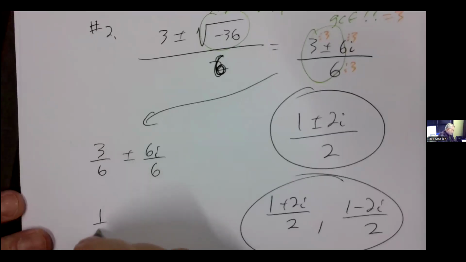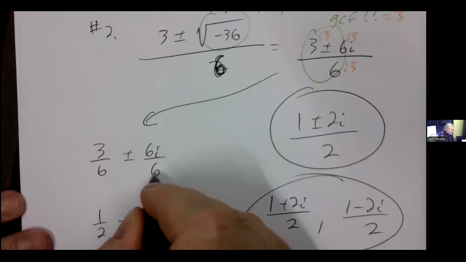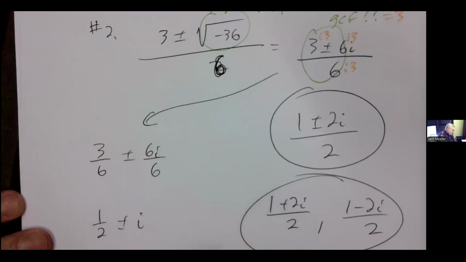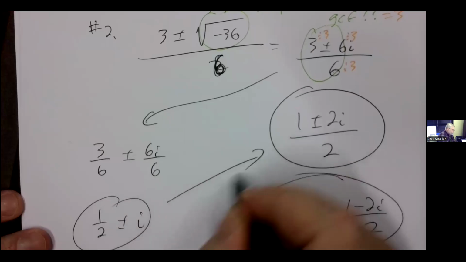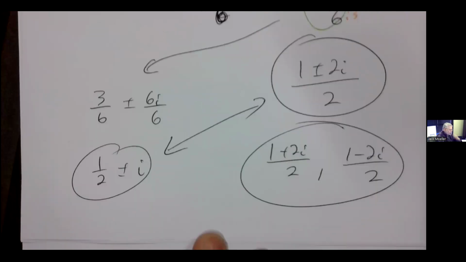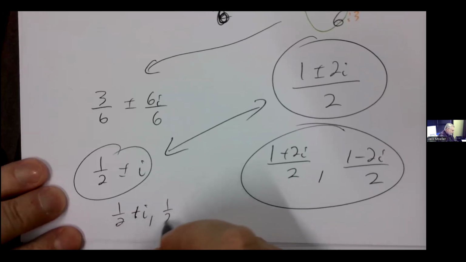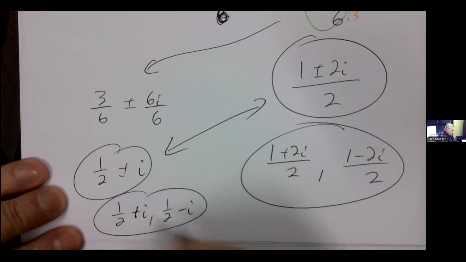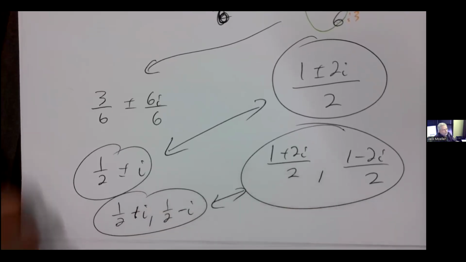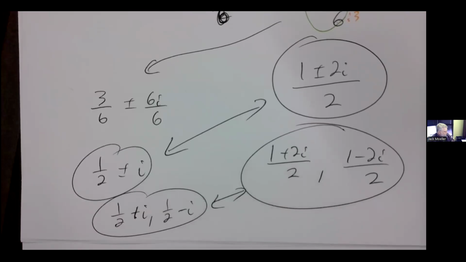And then 3 over 6 is 1/2 plus or minus 6i over 6 is i. Those are equivalent answers. Or you could do 1/2 plus i and then 1/2 minus i. That would be equivalent to those 2 answers. Like I said, I'm good with either way.